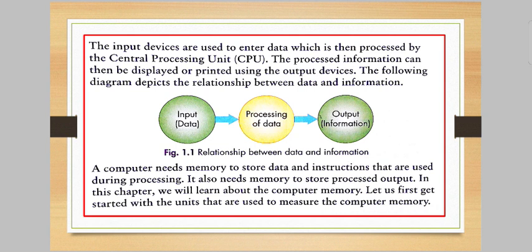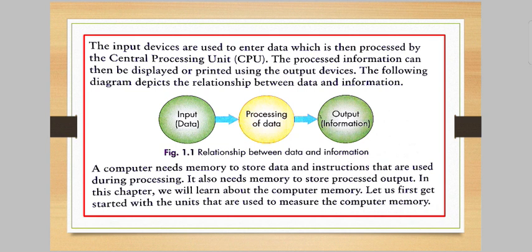We all know that we give instructions to the computer in the form of data, and we input data by using input devices like keyboard, mouse, etc. The processed information can then be displayed or printed using output devices. Output devices are printer, monitor, speaker, etc.